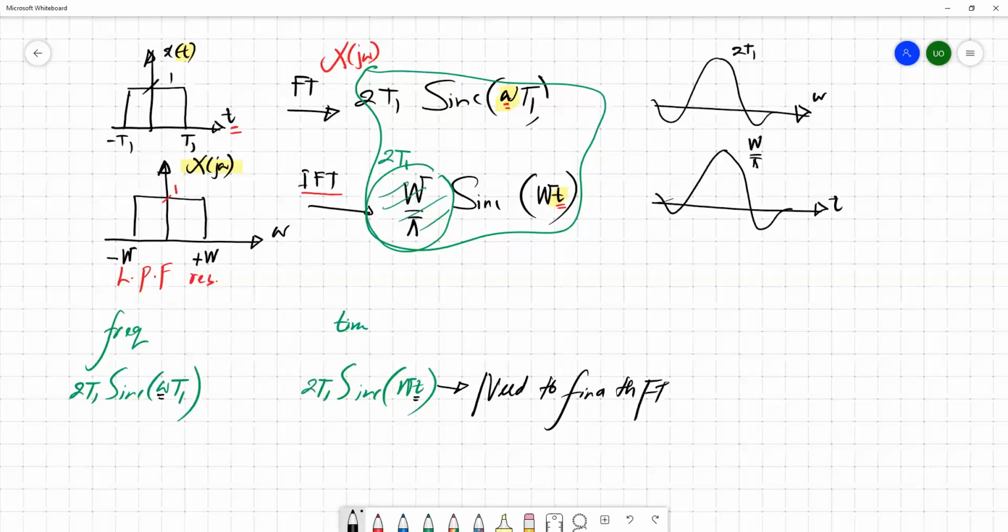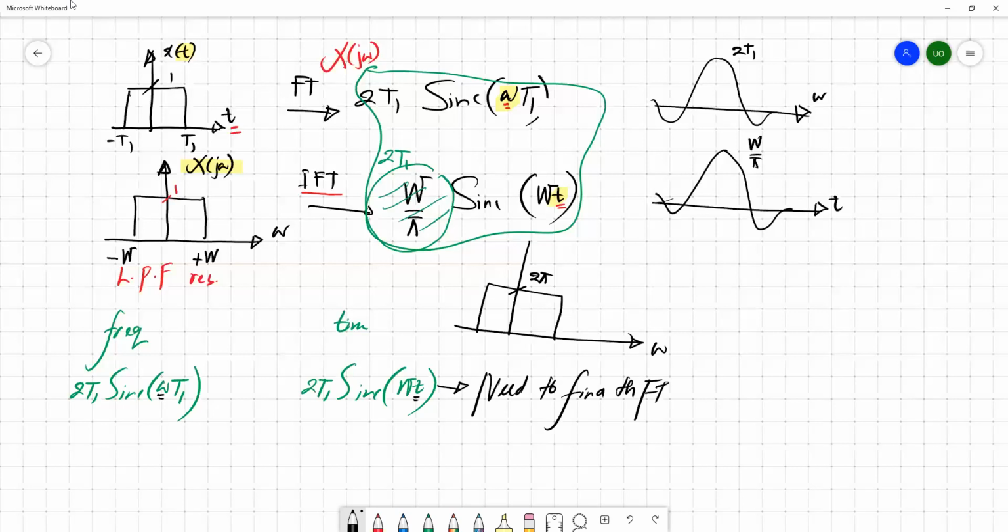So we need to take the mirror of this one. Once you take the mirror, if it is a rectangular function, the values don't change. And the magnitude here, we need to scale it up with 2 pi. So then this becomes 2 pi.